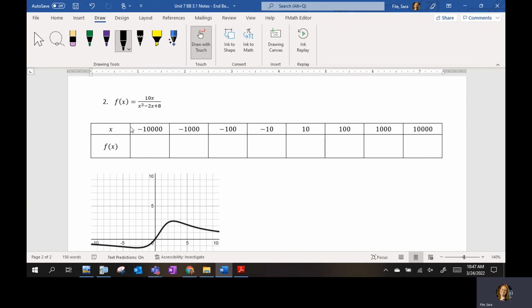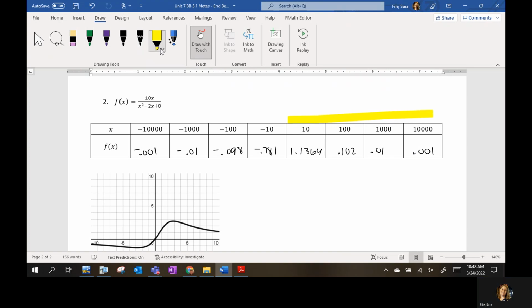This would be -0.001. -0.01. -0.098. -0.781. And then 1.1364. 0.102, 0.01, and 0.001.